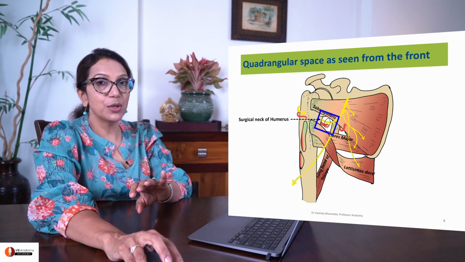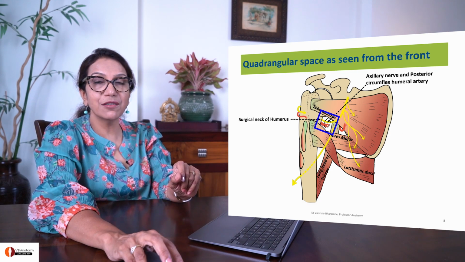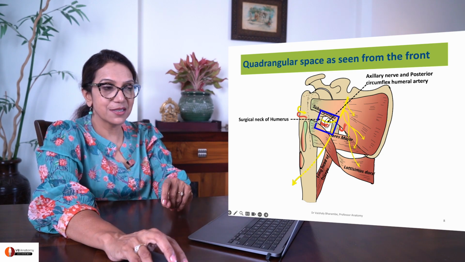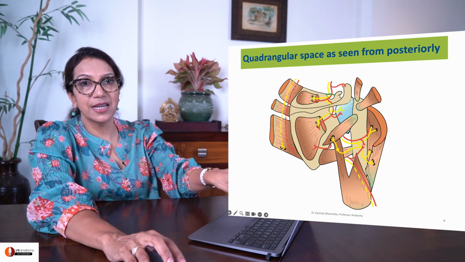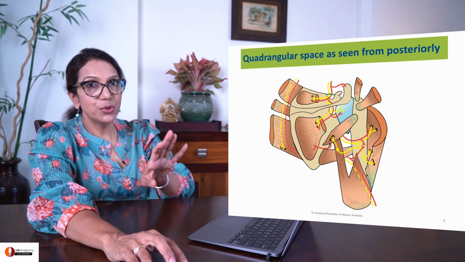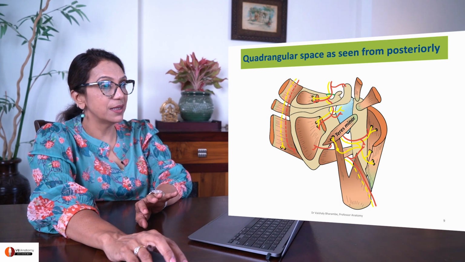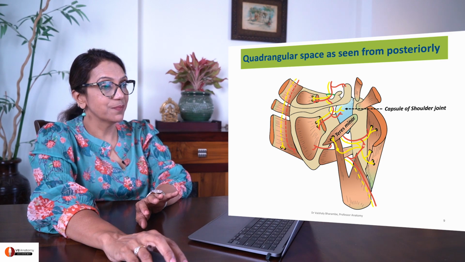Let's turn the specimen over. You can see the axillary nerve and posterior circumflex humeral artery exiting the axilla through this space. Look at it from posteriorly now. Here, posteriorly, the upper boundary of quadrangular space is formed by teres minor and capsule of shoulder joint.